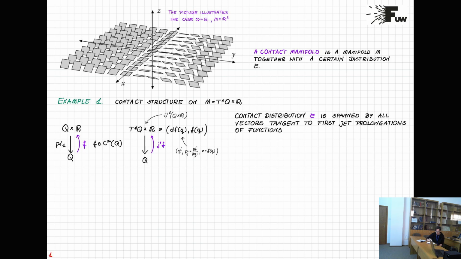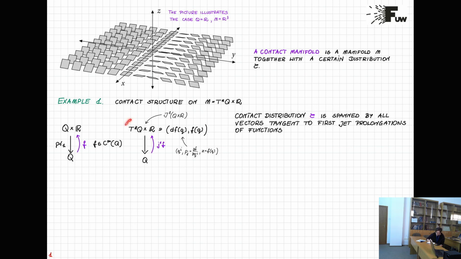So let us look at functions on a manifold in a little bit strange maybe way. Instead of thinking of them as functions, let us think of them as sections of a trivial bundle. Then we can take the first jet prolongation of a function, which means that essentially we are looking at the tangent plane to the graph of the function.